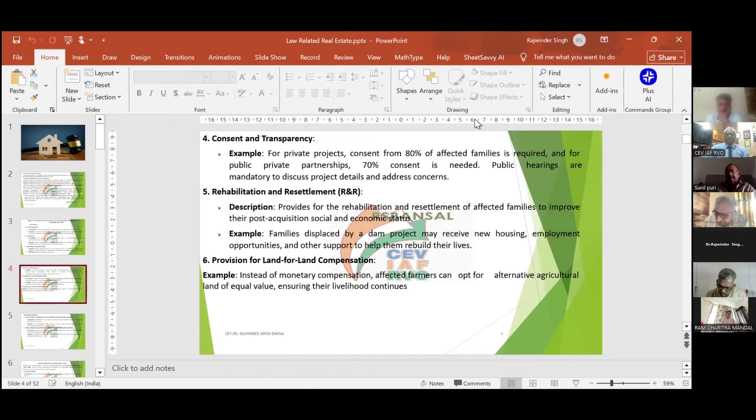That the affected families may be given land at some other, similar location, if they agree to that. So instead of monetary compensation, affected families can opt for alternative agricultural land of equal value, ensuring their livelihood continues.